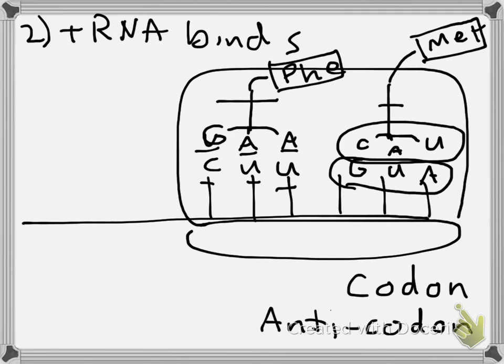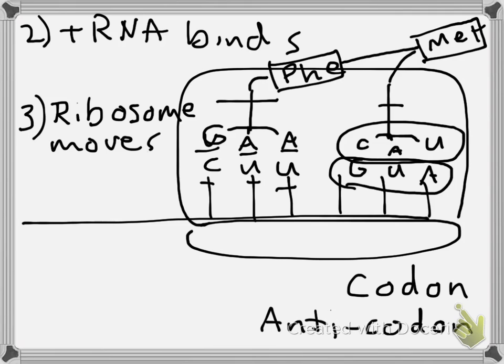Once these two tRNAs are bound, the next step is that the two amino acids bind together. If you remember, a protein is just a long string of amino acids. Now the methionine and the phenylalanine are bound together. The third step, I'll put on this diagram as well, is that the ribosome moves further down the mRNA and more tRNA molecules bind, bringing more amino acids in.